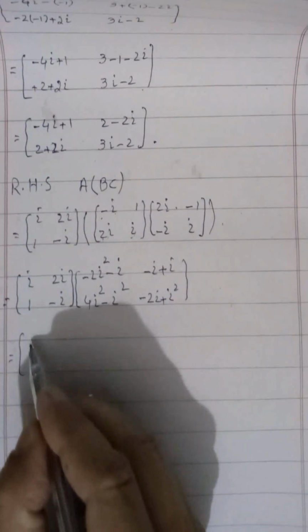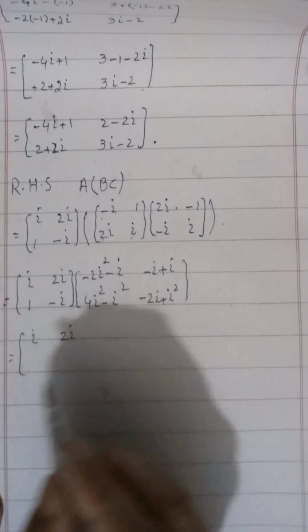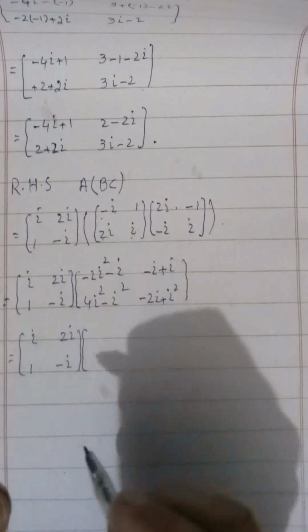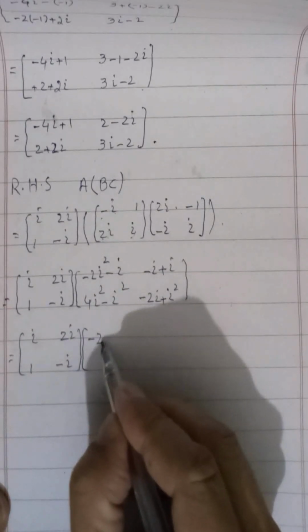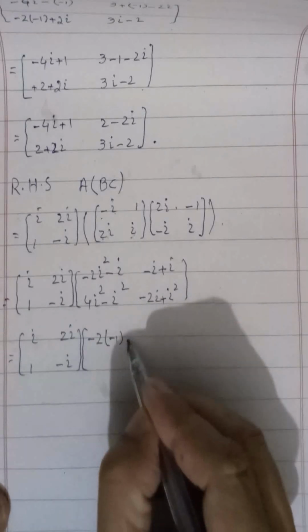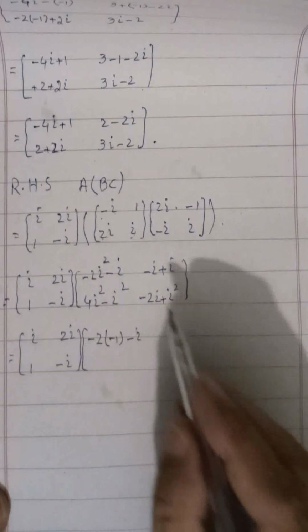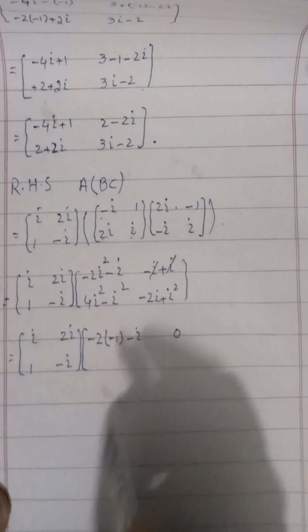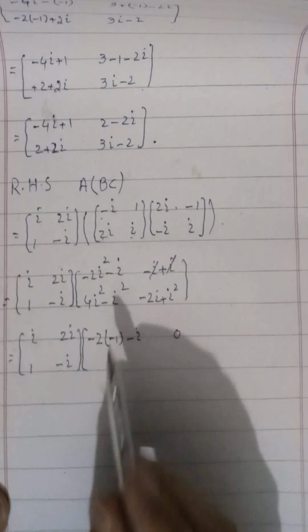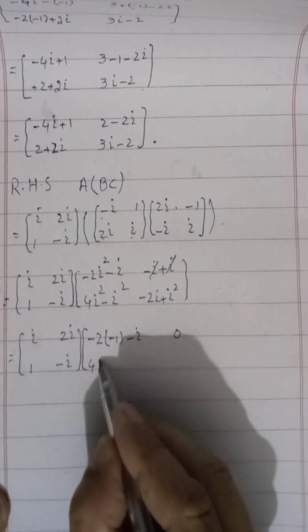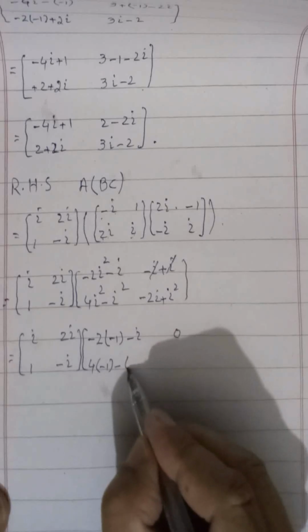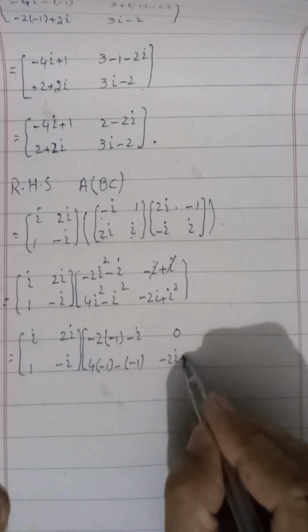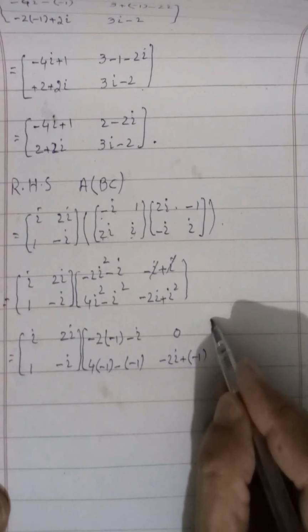We get iota, 2 iota, 1, minus iota, and simplify we get minus 2 iota square is equal to minus 1 minus iota. Iota minus iota is equal to 0. 4 iota square minus iota square is equal to 4 into minus 1 minus minus 1. 2 iota minus 2 iota plus iota square is equal to, we know, minus 1.